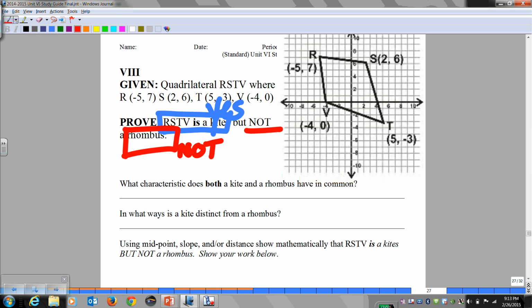Okay, so the first thing you have to ask yourself, and this is what you're coaching, get your classmates to ask questions, is what characteristic does both a kite and a rhombus actually have in common? So let's draw a little baby kite, a little baby rhombus, and ask yourself, what do they have in common? What do they have that is the same?